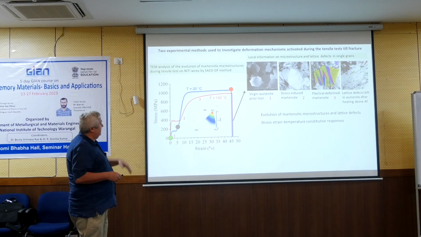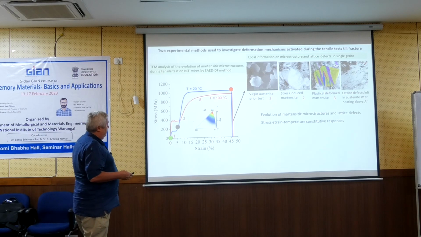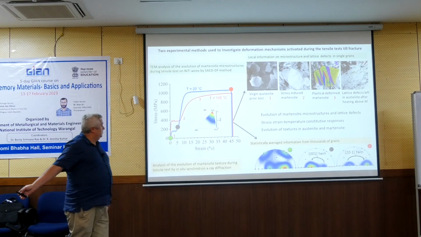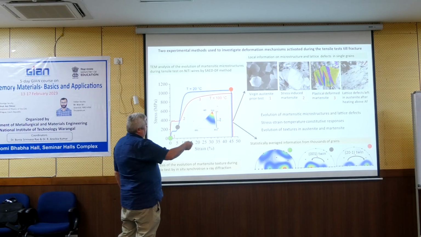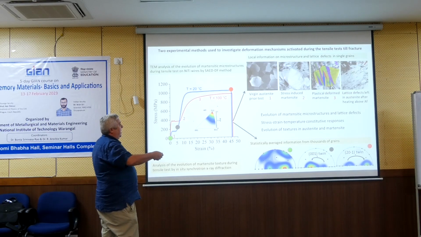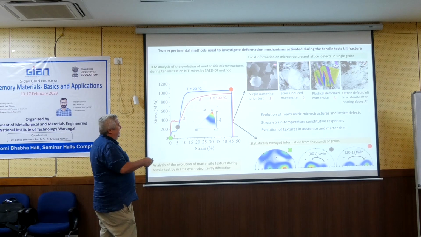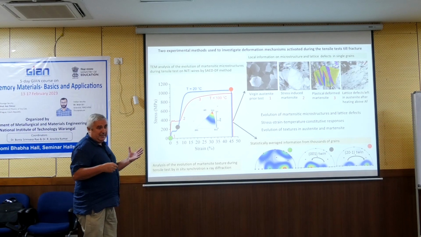So this is the method which I will explain more how the data look like, and then, as I said, you may argue that this is in this grain, but what is in that grain, and whether this is really representative for the whole polycrystal.